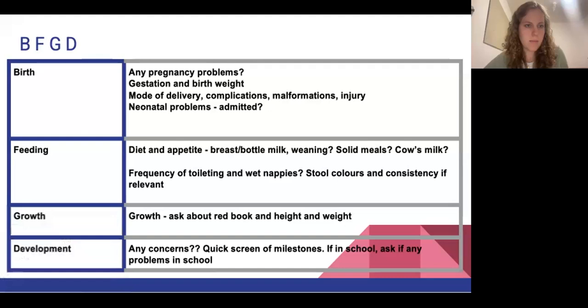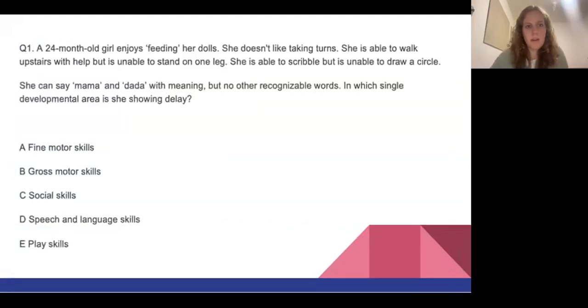Okay. So here's the first question. You can just read it for a minute, and then if you know the answer, feel free to write it in the chat.